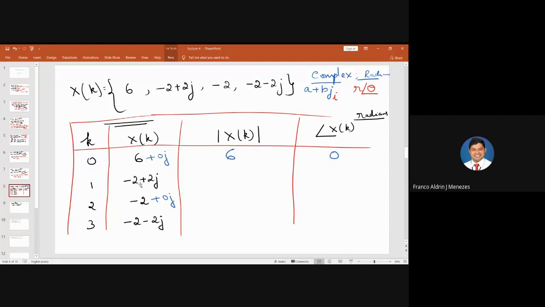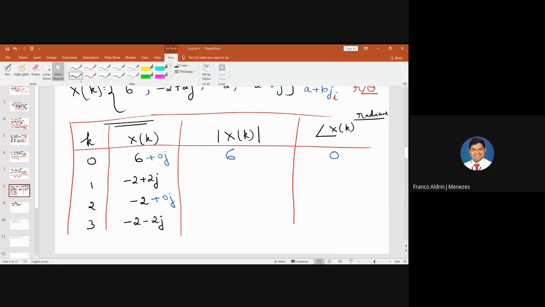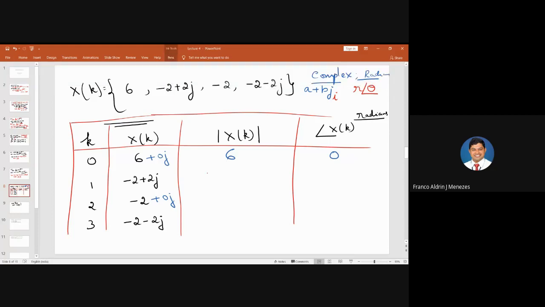So what will be the magnitude for minus 2 plus 2j? 2.82, sir. 2.82.